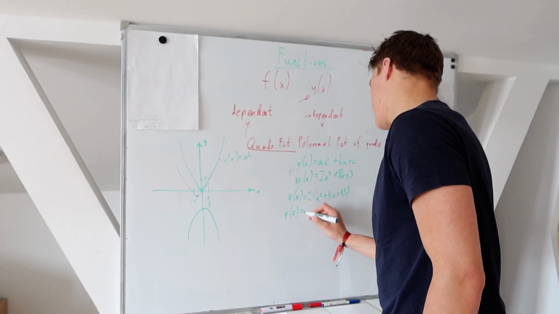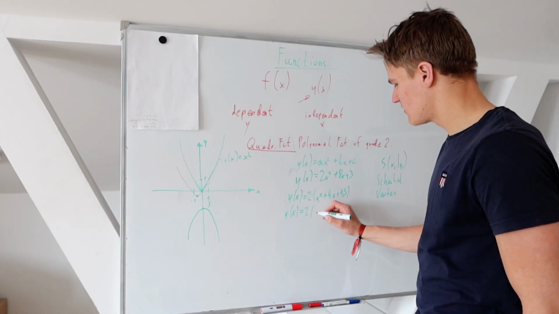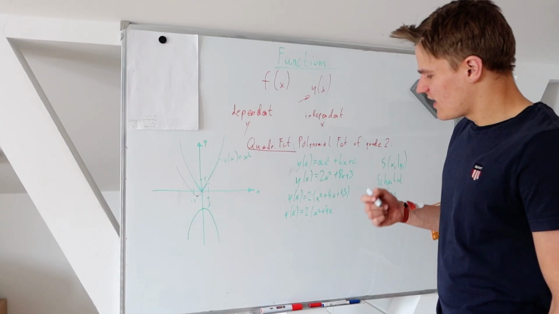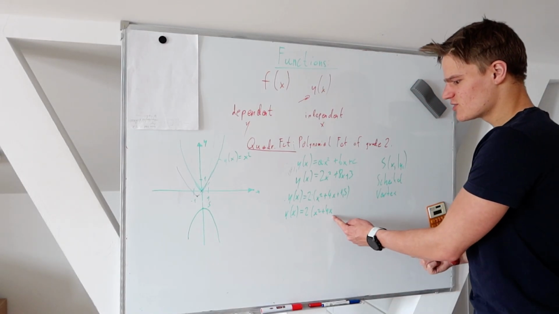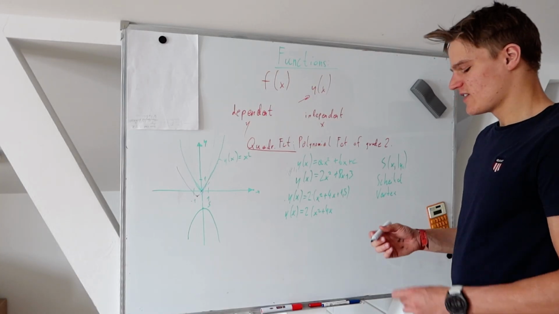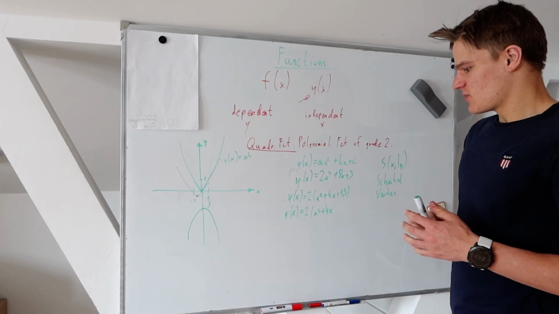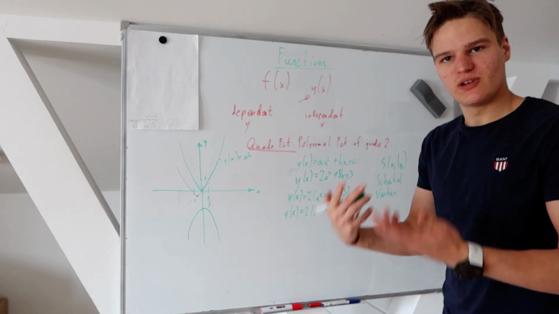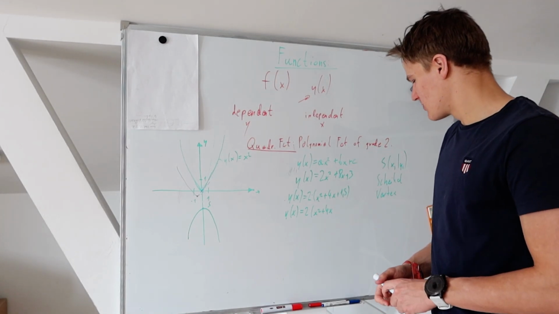So you have y of x is 2 times x squared plus 4x. And when you do this, you don't change this or this. What you change is the last expression, the last value. You always have to think, what has to be the last value to complete the square? What does completing the square mean?